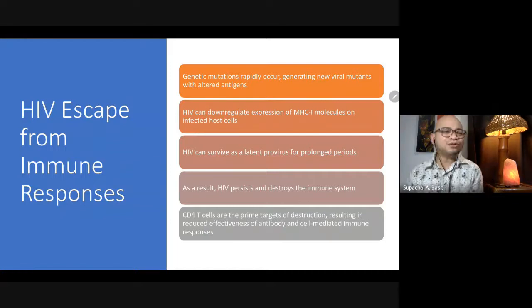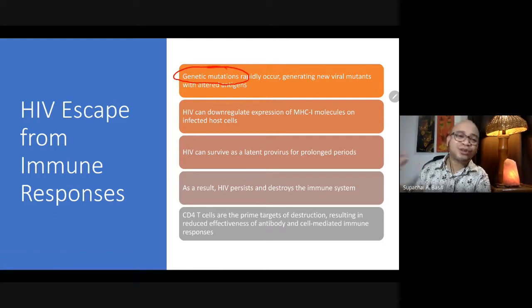So how do you think the virus escaped our immune system? One important factor is the ability of the virus to have genetic mutations. They will constantly change, generating new viral mutants with altered antigens, causing confusion to our immune system.